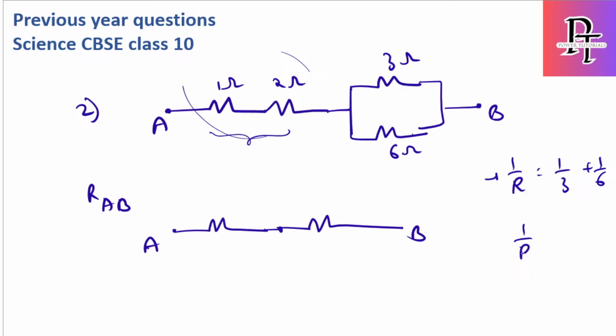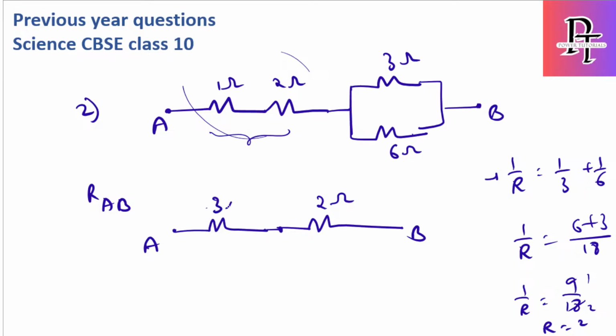If I take LCM, 1 by r becomes 6 plus 3 by 18, so 1 by r is 9 by 18, which is 1 by 2. So r will be equal to 2 ohms. This is 2. I want the total value now. Good. Total you told is 5 ohms. Very good. So this total RAB is equal to 5 ohms.